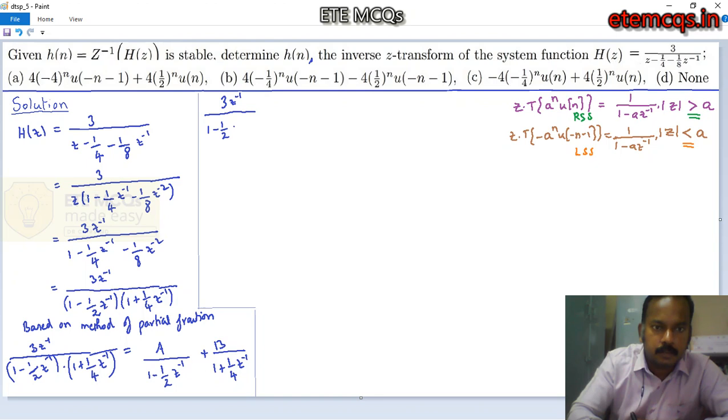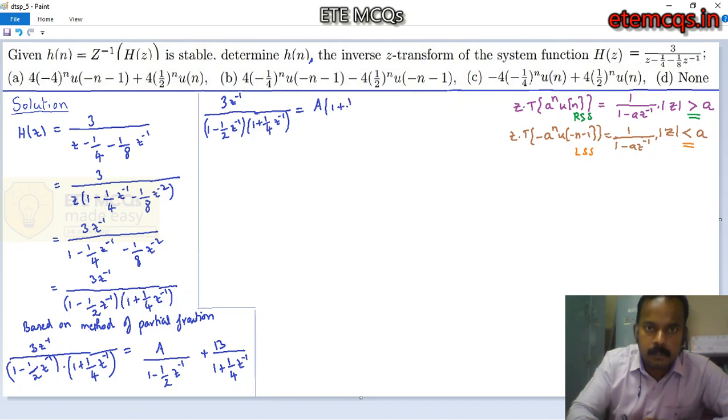1 minus 1 by 2 z inverse into 1 plus 1 by 4 z inverse is equal to a into 1 plus 1 by 4 z inverse plus b into 1 minus 1 by 2 z inverse, the whole divided by the denominator, 1 plus 1 by 4 z inverse into 1 minus 1 by 2 z inverse.